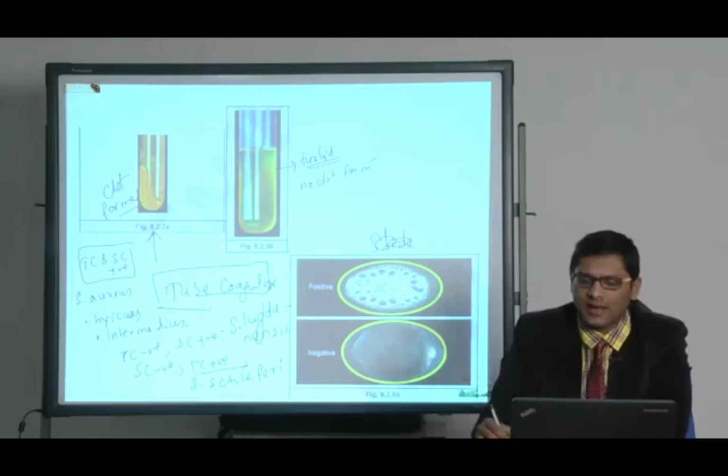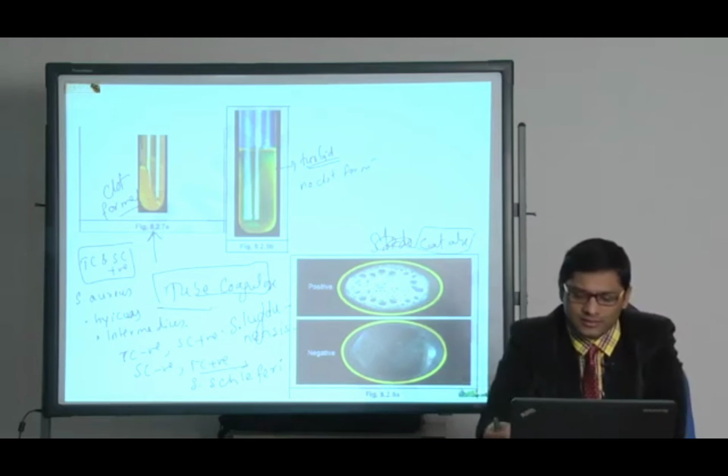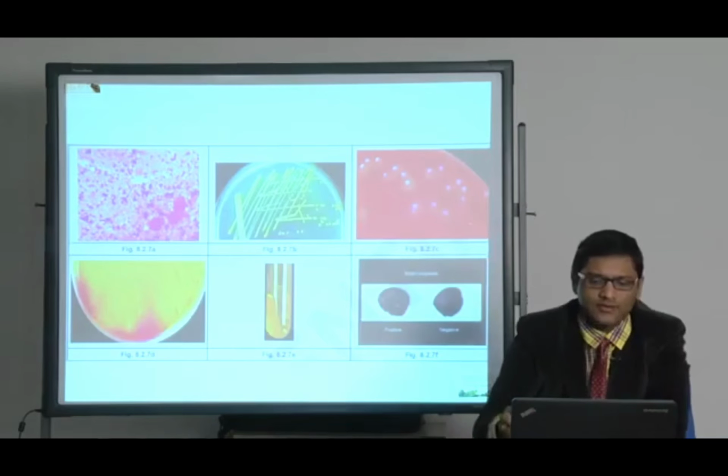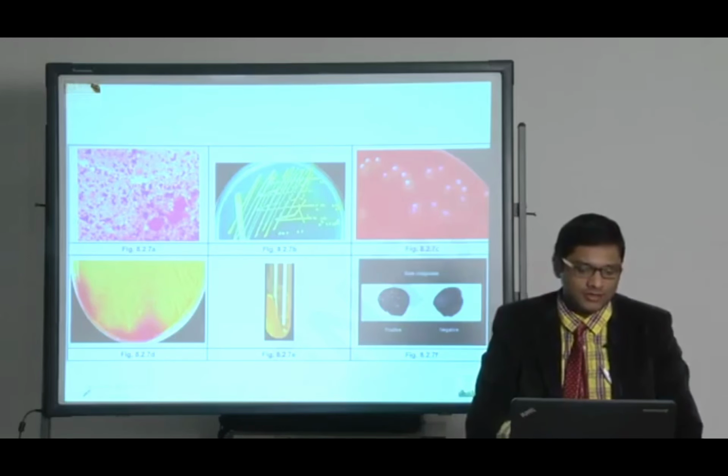Okay, this is a catalase test. Again, it is a repeat slide, a catalase test which we have already discussed. So, in general, we will summarize all the figures of Staphylococcus aureus.